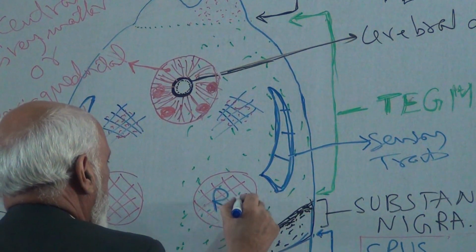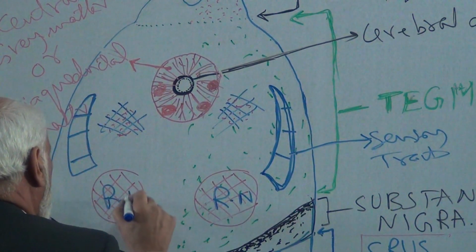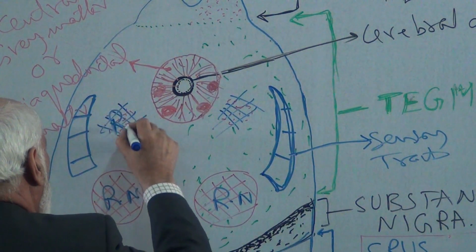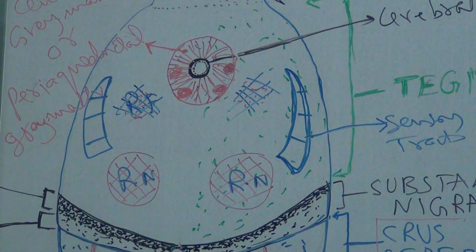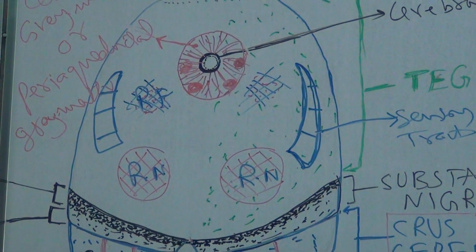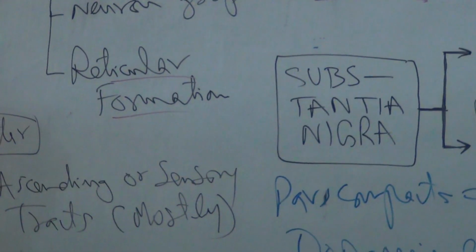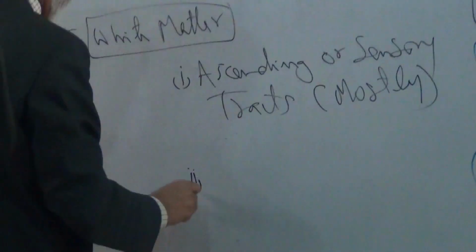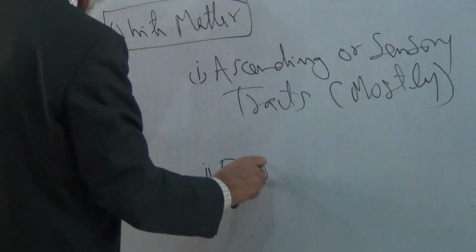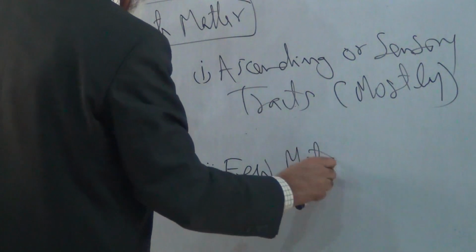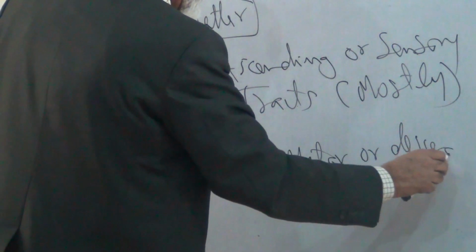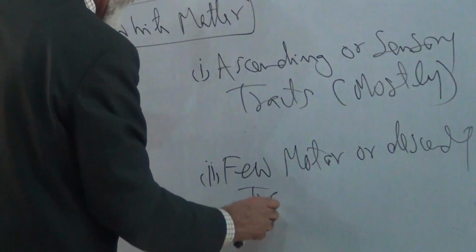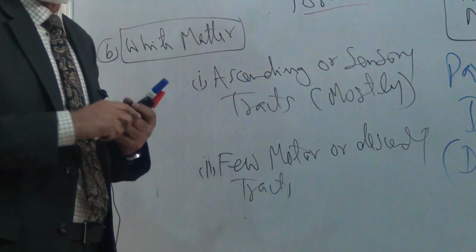This is supposed red nucleus. These we will discuss later on in detail. And this is reticular formation and central gray matter and other nuclei. But few motor tracts, few descending tracts, are in the tegmentum.